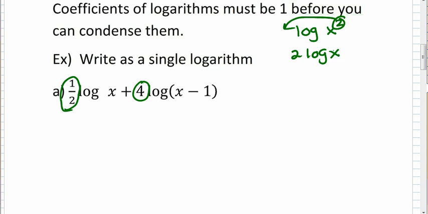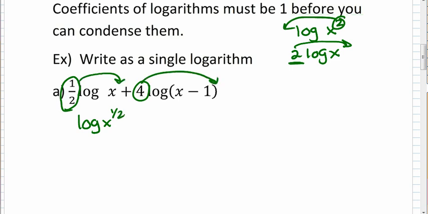That's expanding it. Today we're going to do the reverse. We're going to take this exponent and roll it back. So we're going to take the 1/2 and roll it back onto the x. We're going to take the 4 and roll it back onto the x plus 1. Or x minus 1, sorry.